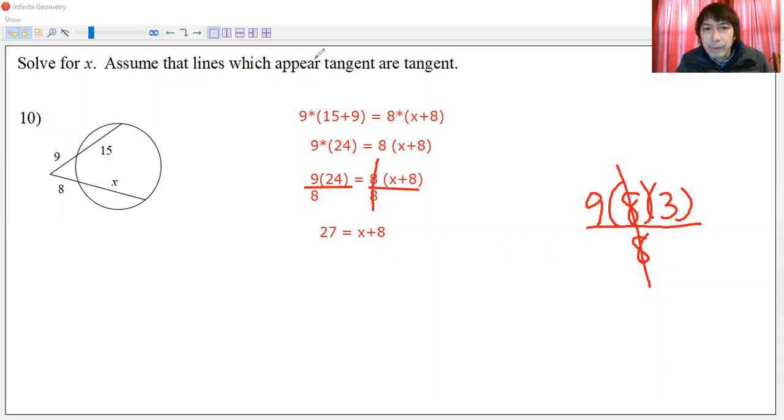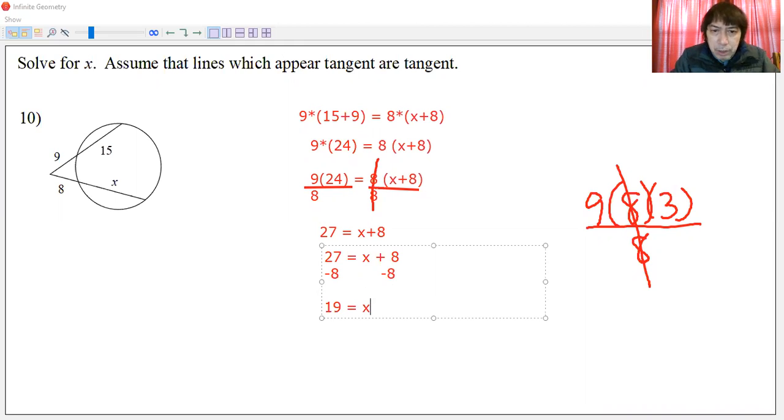We continue by way of subtraction. So 27 is equal to x plus 8. We subtract 8 from both sides. 27 minus 8 is 19.